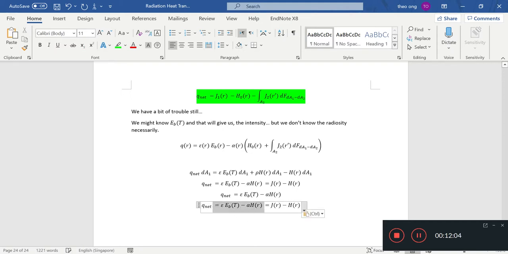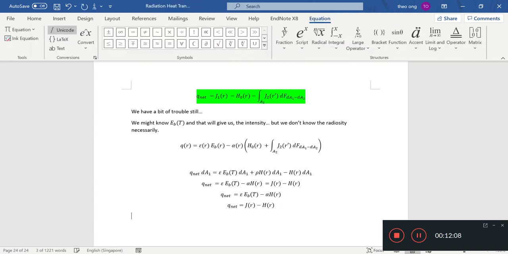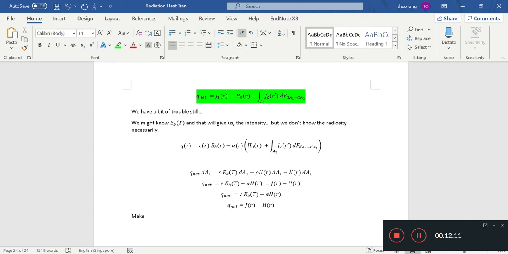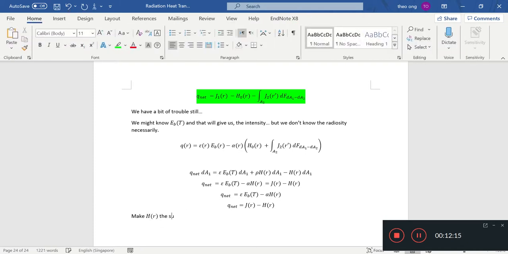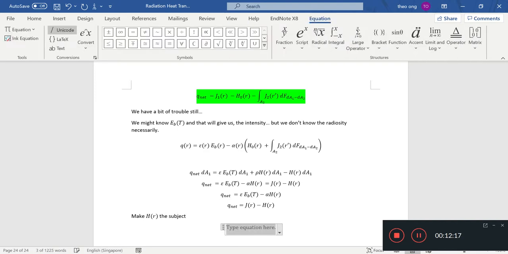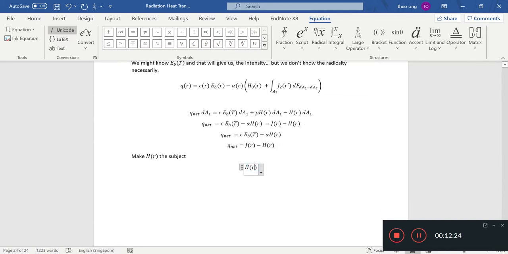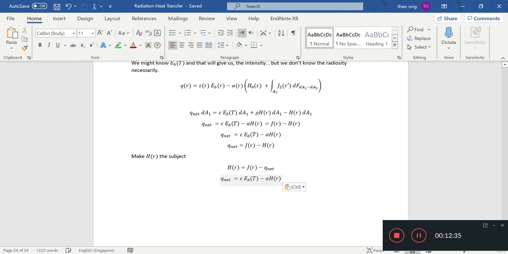So I'll just make HR the subject, and I'll get HR from this one over here. HR equals JR minus QNet. Okay, then I'm going to substitute all that in here.